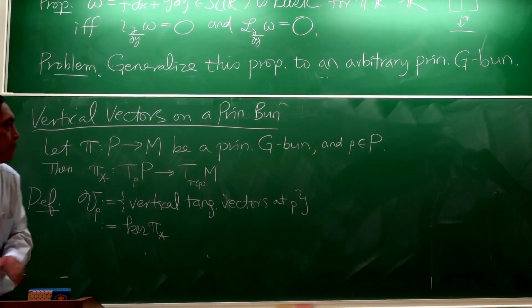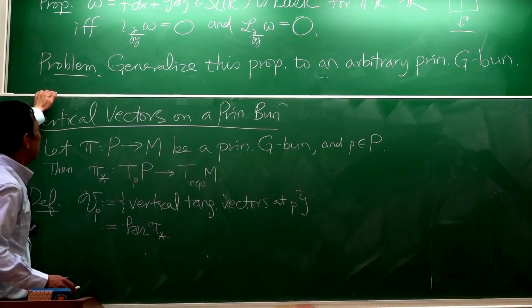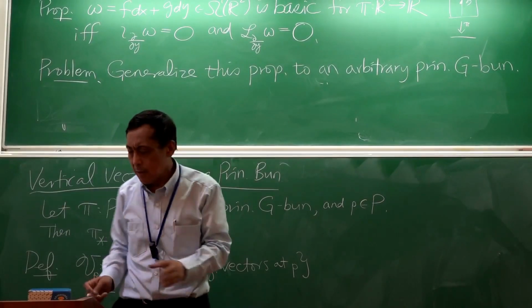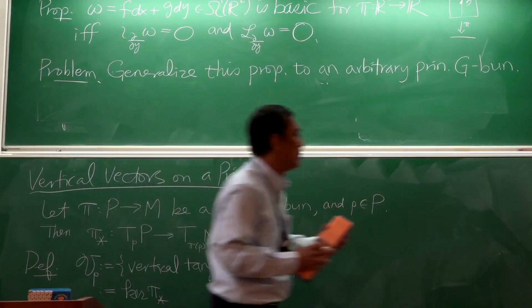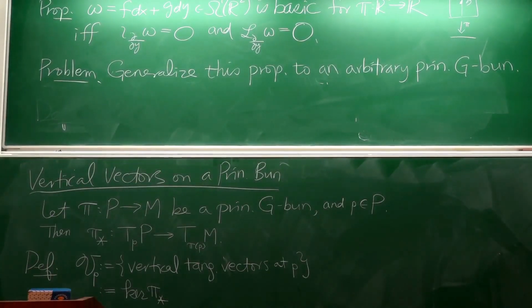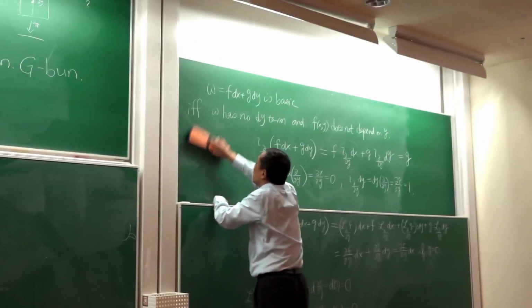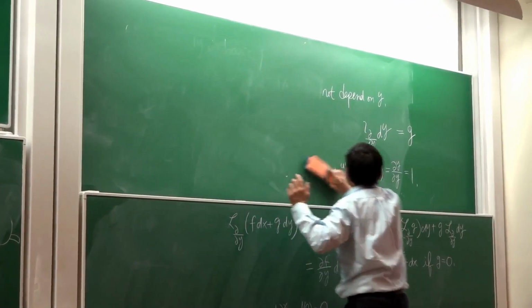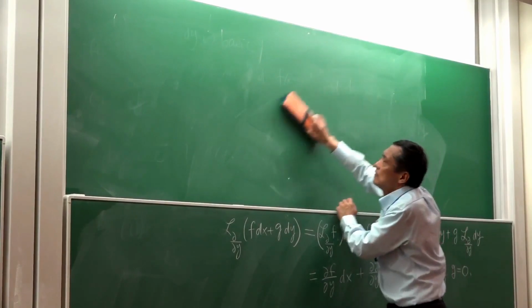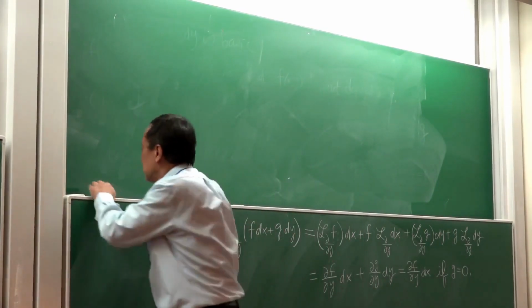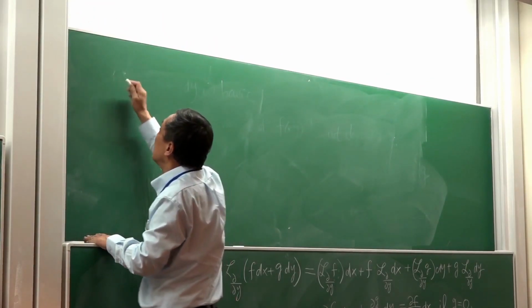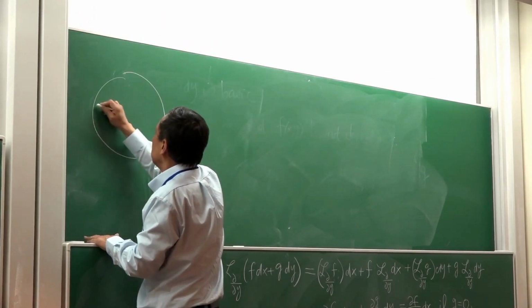Okay. Now, whenever you have an action, an element of the Lie algebra of the group will generate a vector field. So let's look at an example. Let's say we rotate the sphere.